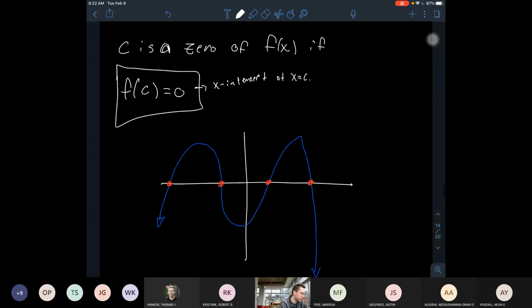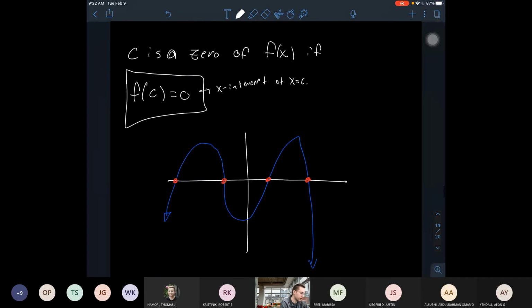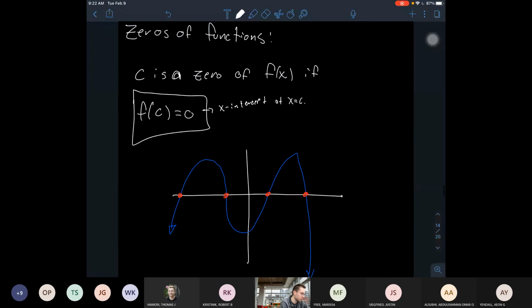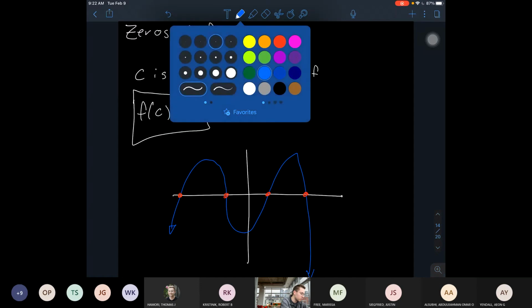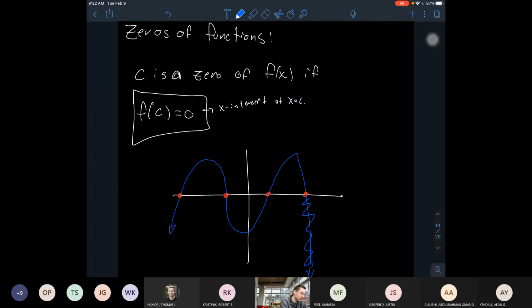On this graph of this polynomial, we can see the zeros are pointed out in red. They're the points where we cross the x-axis or touch the x-axis. Sometimes we have zeros which might come down and just barely touch and then go up.